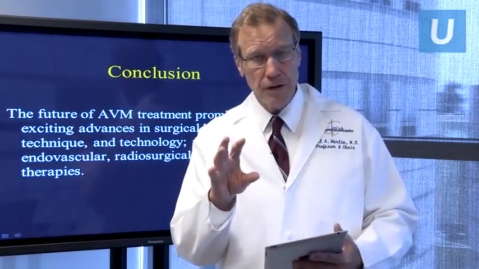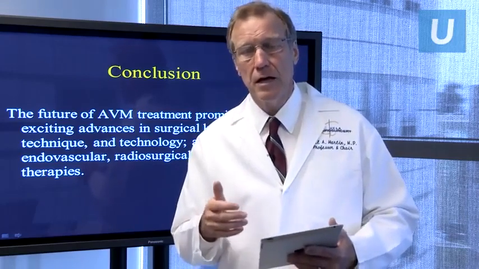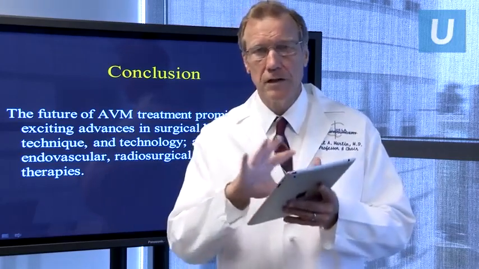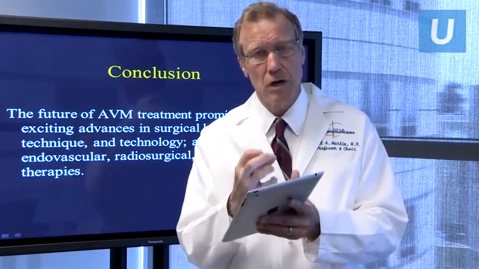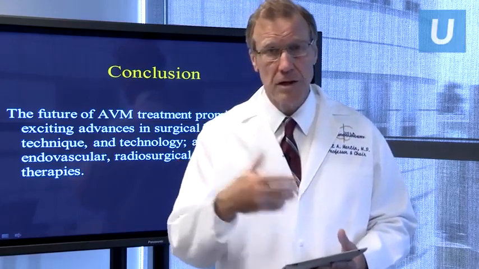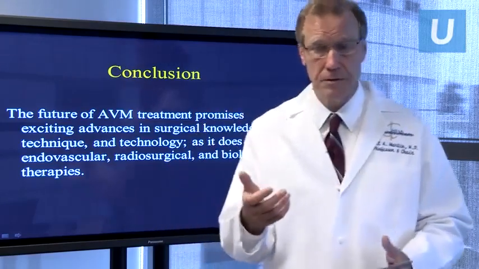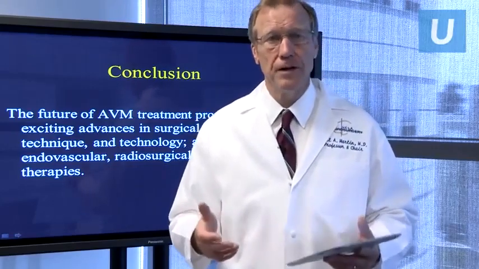The other unique thing about children is that they often have relatively diffuse AVMs. The blood vessels have not coalesced into a compact nidus, and that influences how the surgery is done and how the radiation therapy is done. Finally, children are very resilient.